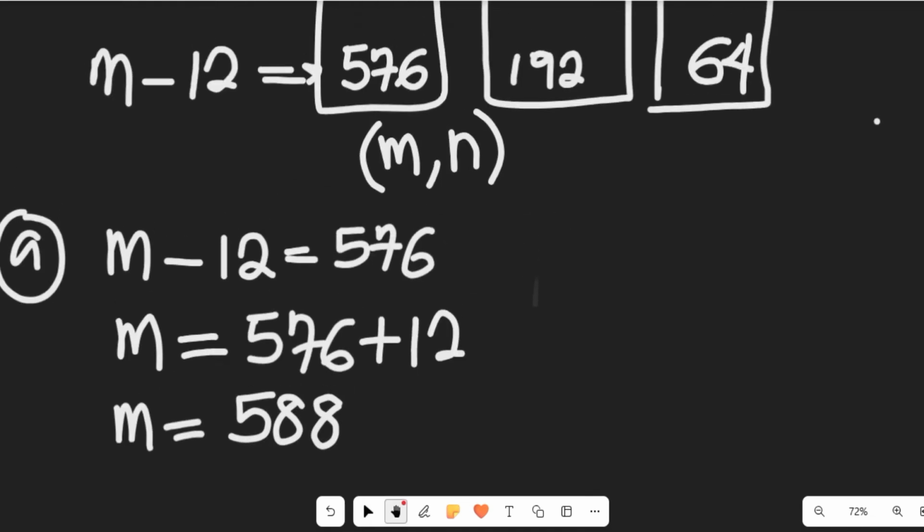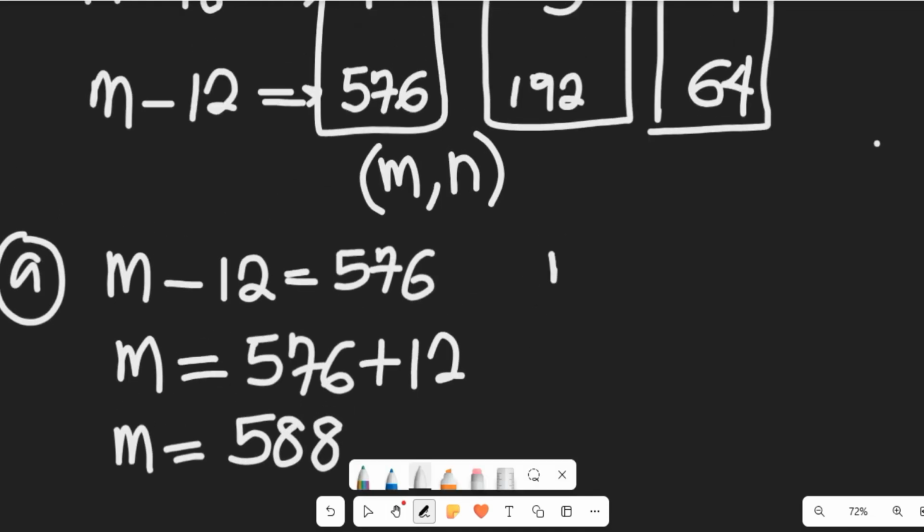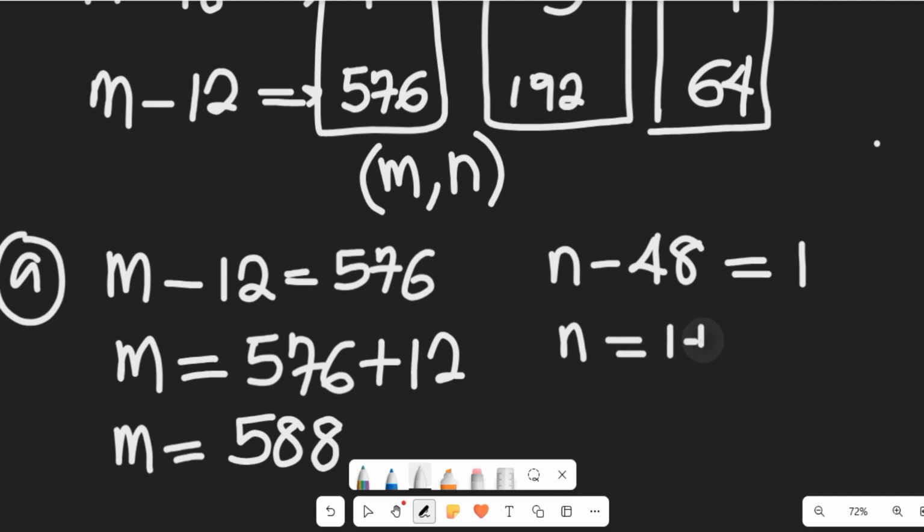Now the next thing we will think about is n minus 48, right? And if you check that expression, it is equal to 1. So if n minus 48 is equal to 1, we take our n to be equal to 1 plus 48. 1 plus 48 gives us what? Our n is equal to 49.